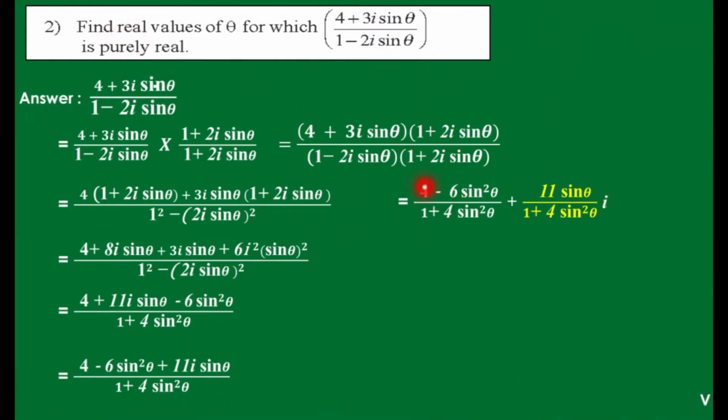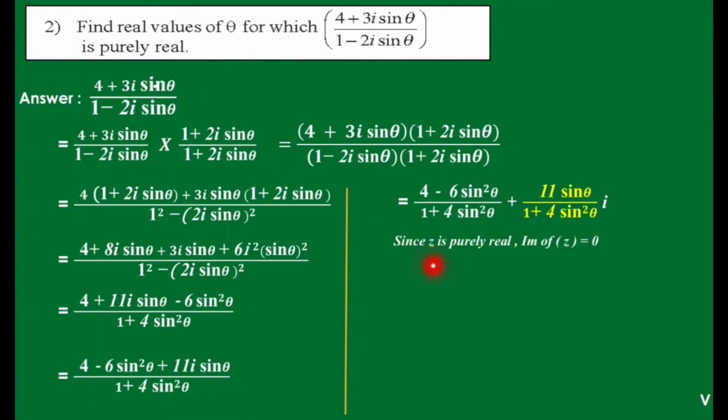So see the question first. Find a real value of theta for which this given complex number is purely real. Now we know that when the imaginary part is 0, then that complex number is a purely real number. So this imaginary part must be equal to 0.